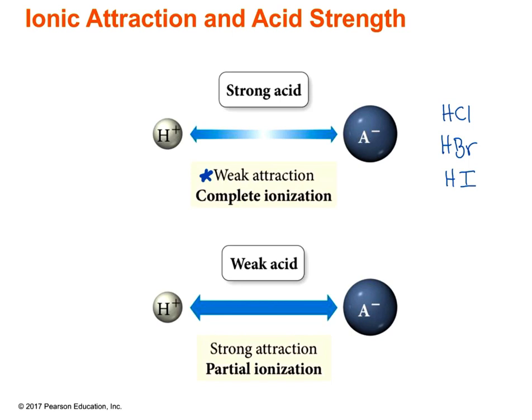So we would get complete ionization in that case. But then if we have a weak acid, such as hydrofluoric acid, there's a really strong attraction between hydrogen and fluorine. So we only get partial ionization in that instance.